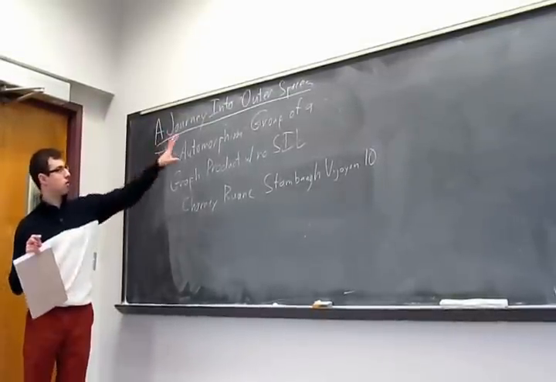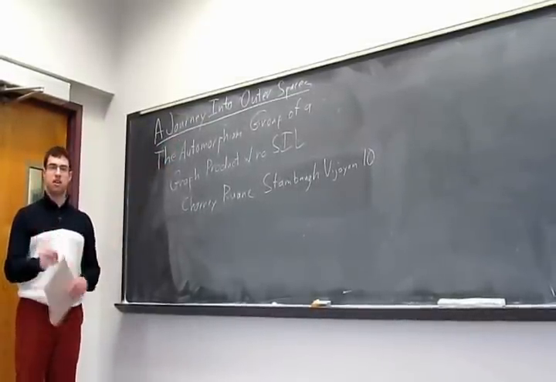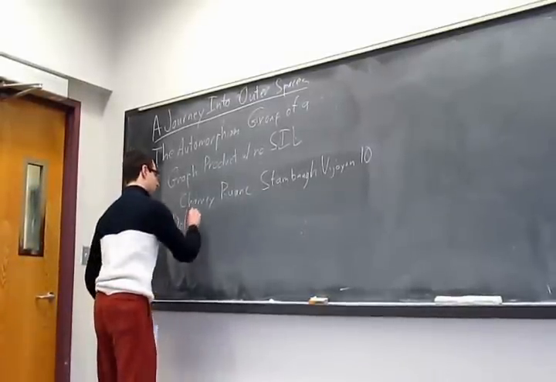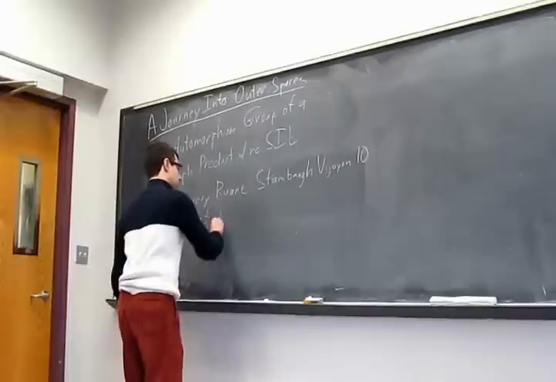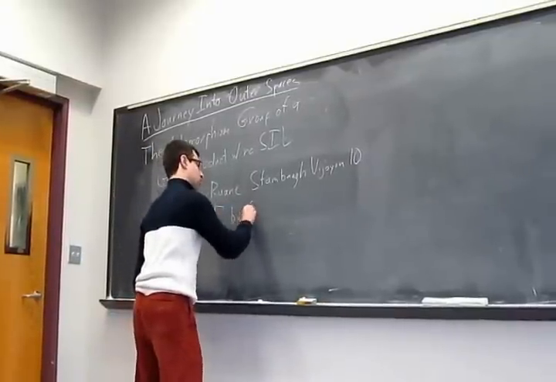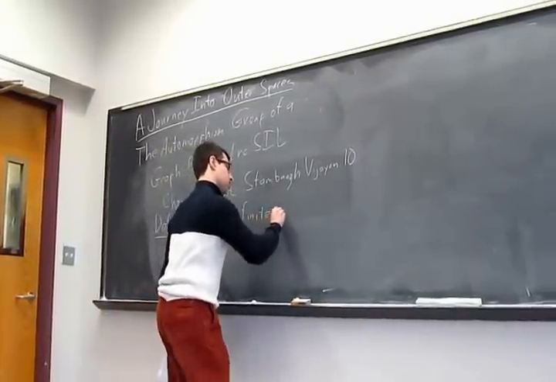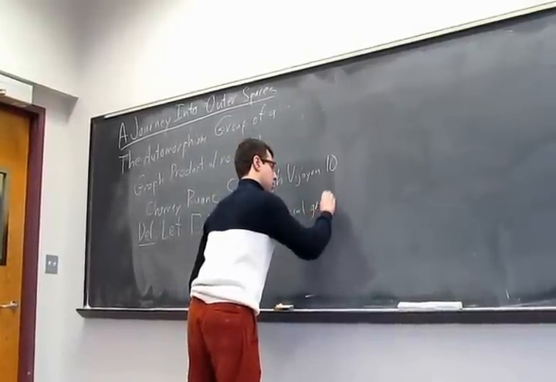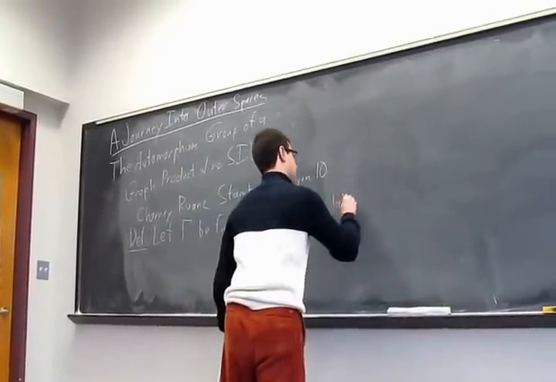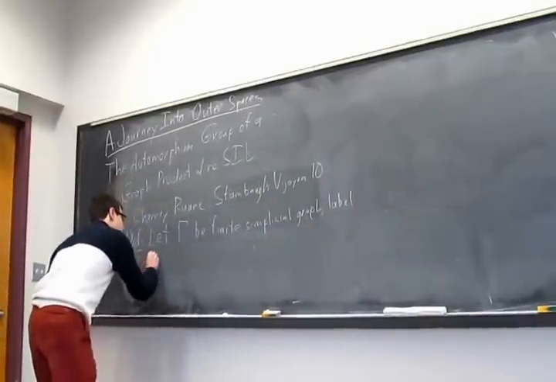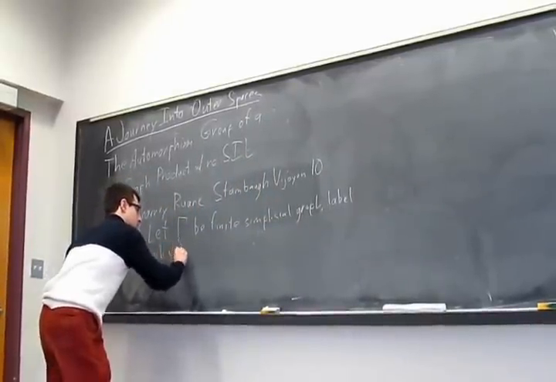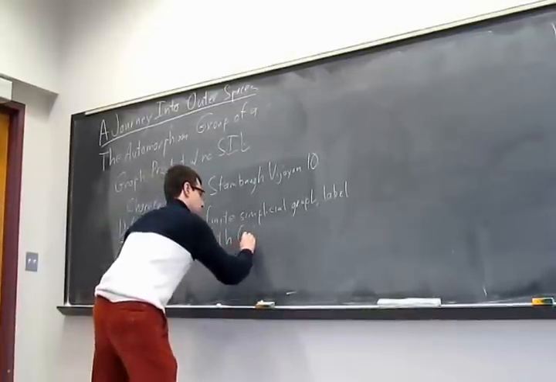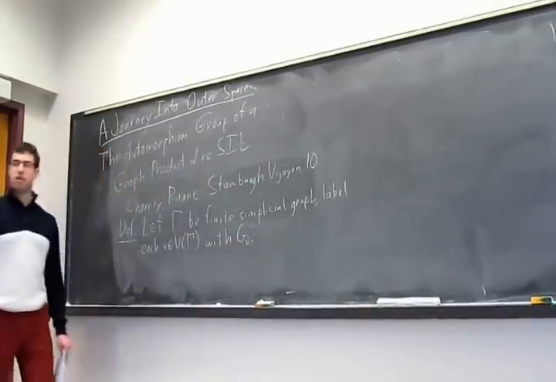So let's go through the various terms we use here just to get everyone up to speed. First, a graph product. We start with a finite simplicial graph, and we label every vertex with some group, which we're going to call G_v for the vertex v.